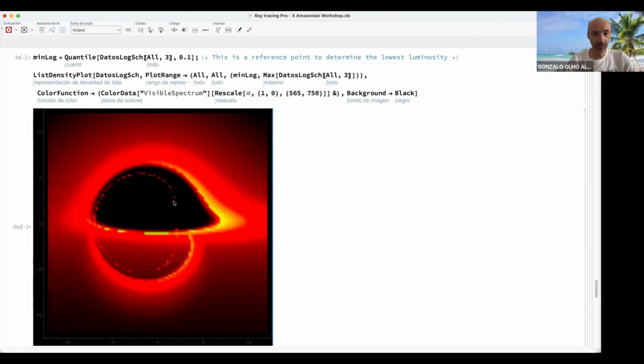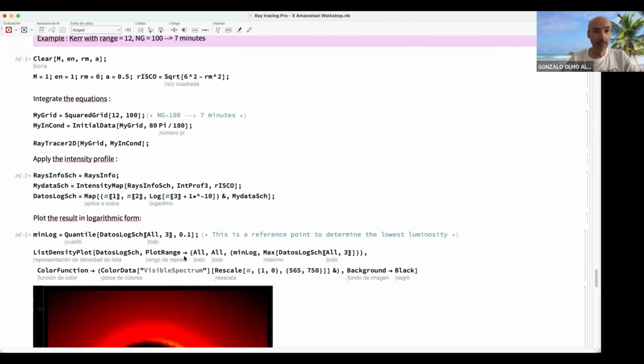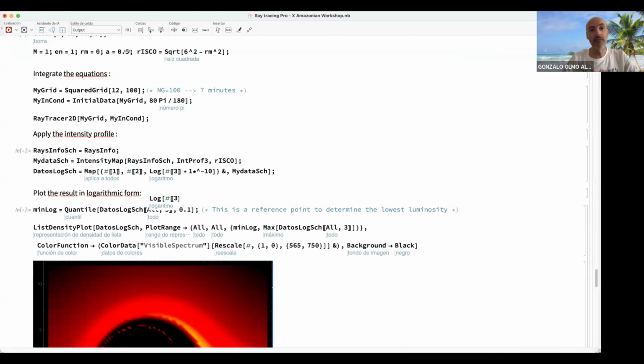The accretion disk is still rotating in the same way towards the right, but note that the lensed image from below is deformed due to the rotation. And this is taking the A parameter to be 0.5.